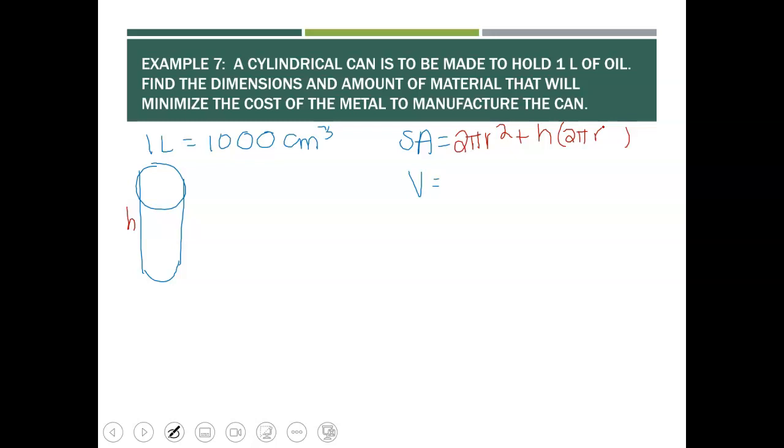Volume is a little grosser. Volume is the area of the two sort of meshed together. So it's actually pi r squared h. Volume is pi r squared h. So I'm thinking that we'll just have to know.